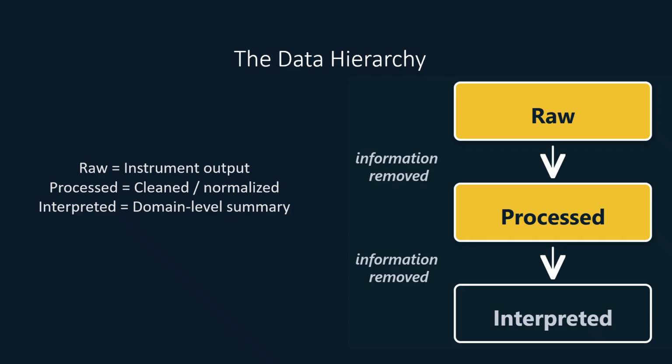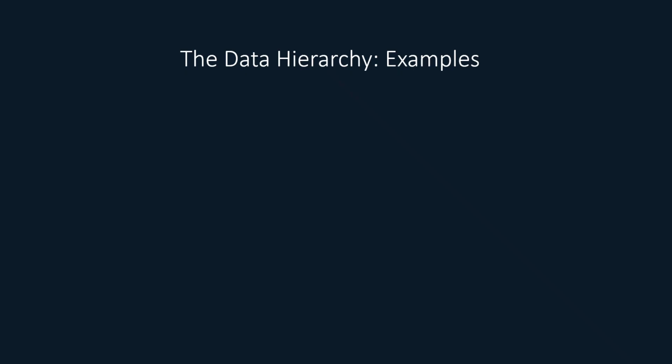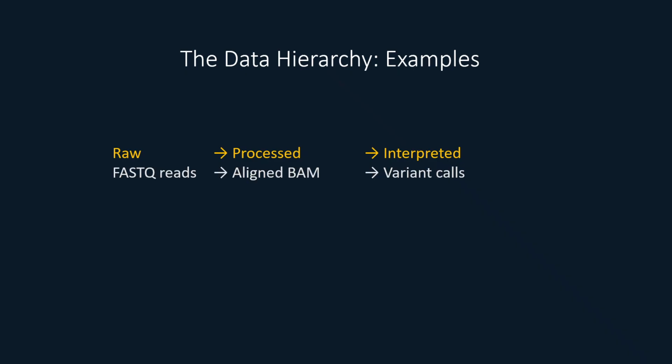Let's see some examples of this data hierarchy. In genomics, raw data might be FASTQ reads straight from the sequencer. Processing aligns those reads into BAM files. Interpretation turns them into variant calls, for example. In imaging, raw data is a TIFF image from a microscope. Processing extracts cell features.